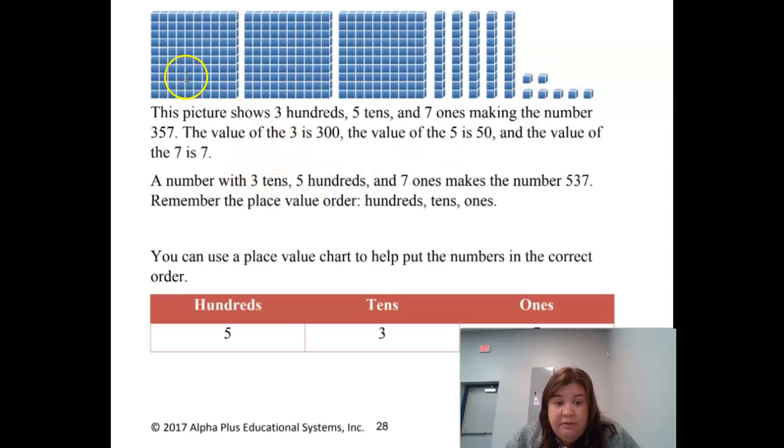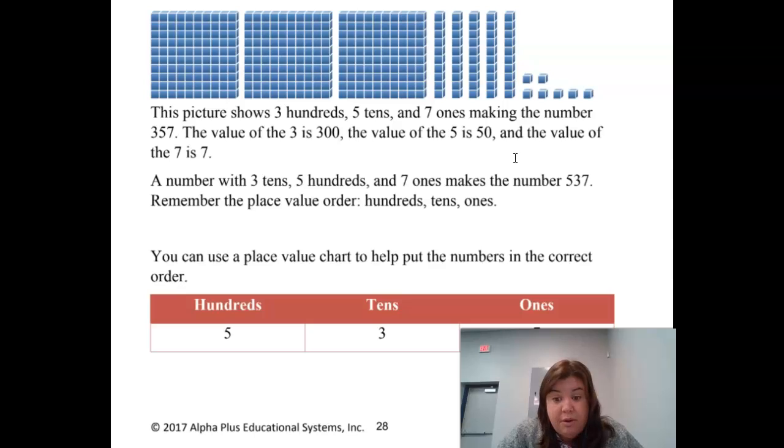The value of the 3, because remember we said these were hundreds, is 300. We said the value of these were 10, so we count by tens, 10, 20, 30, 40, 50. So 5 of them is worth 50. And then these are just worth 1, and there's 7 of them. So 7 is 7.